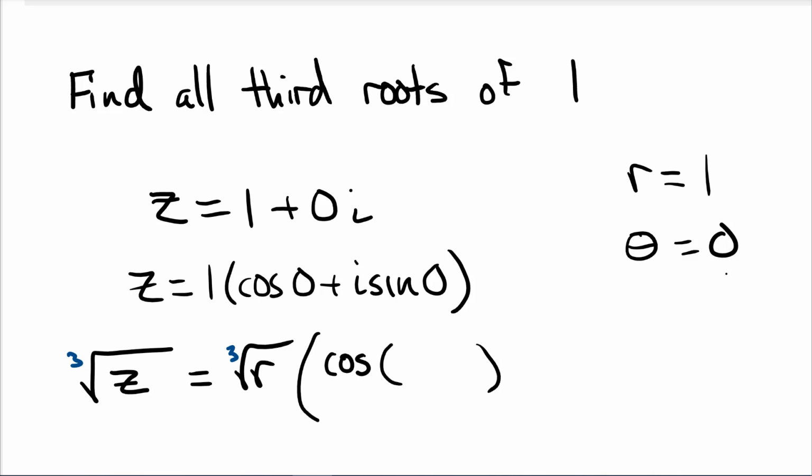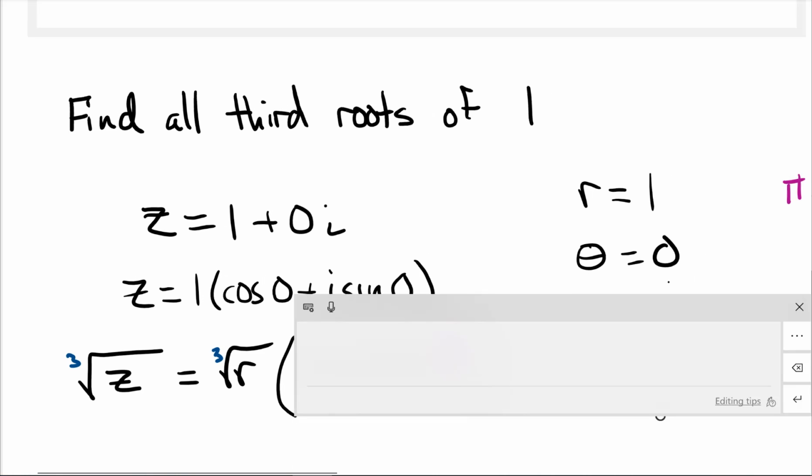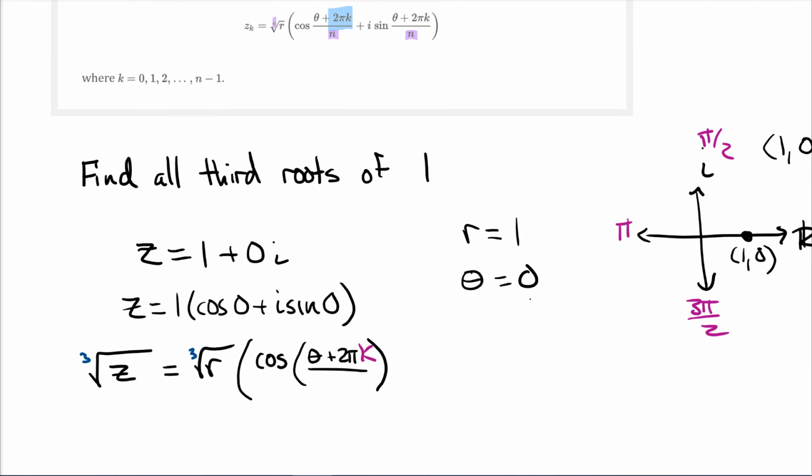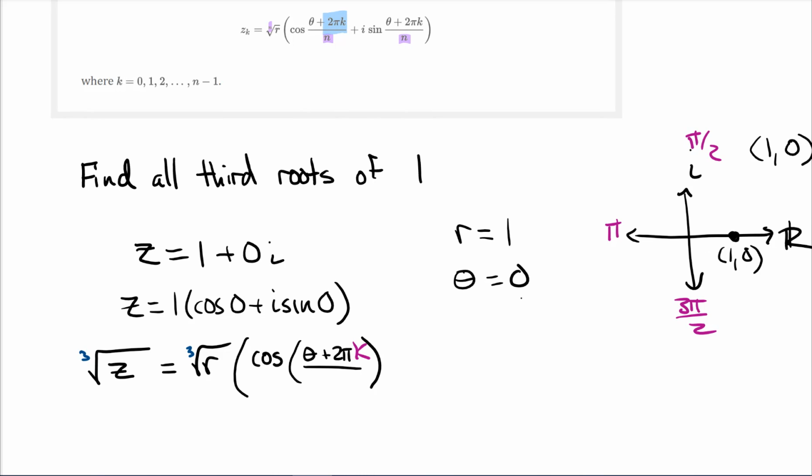It's the angle theta plus 2 pi, and this is the thing that changes, the k, all over n. All over n, but we already know n. Right, that first part right here. That n is going to be 3.